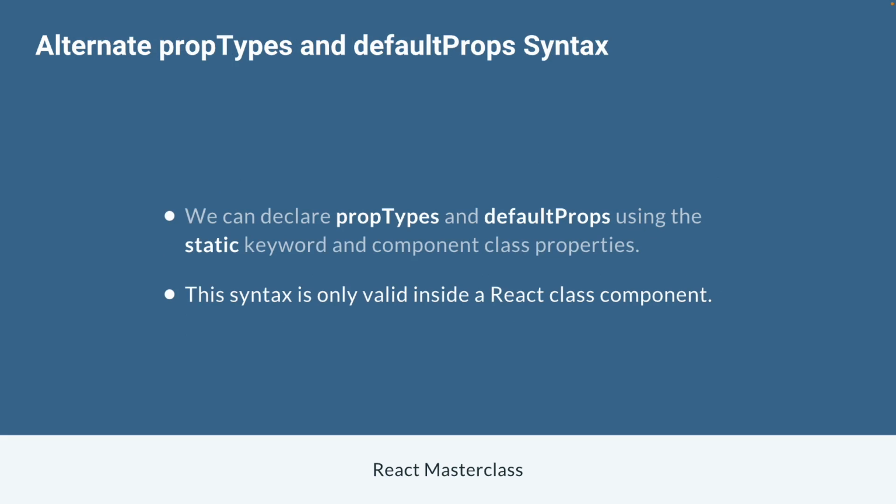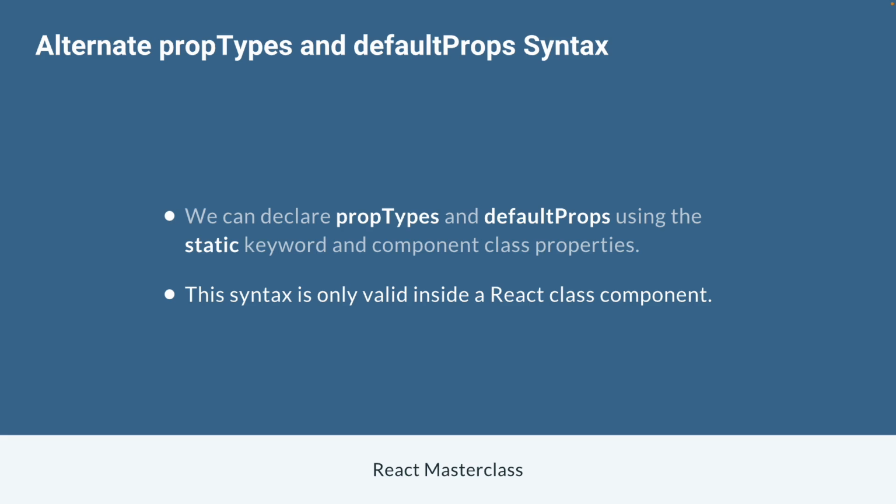All right, we also explored an alternate syntax for declaring our prop types and default props. Previously, we declared the component, and then afterwards we used the dot syntax to write dot propTypes and dot defaultProps. And this is still the syntax you're going to need to use if you're using functional components. But specifically, if you're working with a class component, you can declare propTypes and defaultProps within the class body, within the component body, but you have to make sure to prefix both of those terms with static.